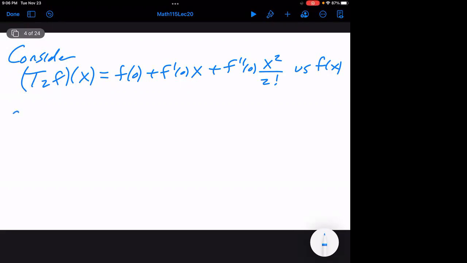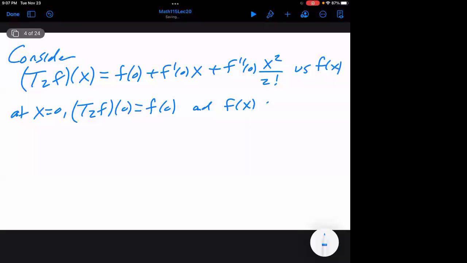At x equals 0, what is T2 f of 0? When I plug in, what do I get? f of 0, and f of x is f of 0 at x equals 0. So do we agree that they both agree when x equals 0?